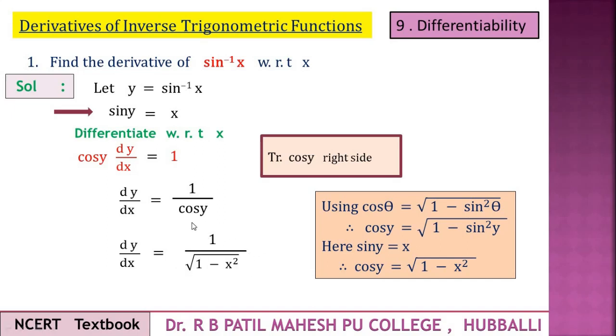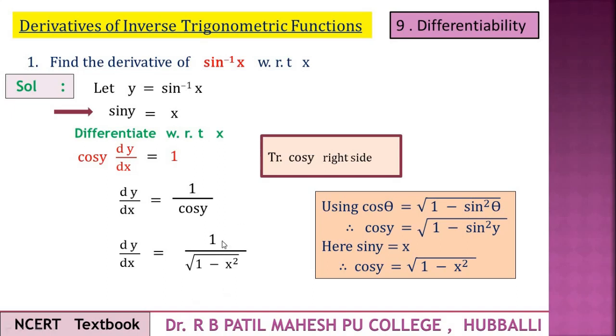This is the inverse trigonometric function derivative: d by dx of sine inverse x is 1 divided by root of 1 minus x square. What is this x? It is the variable of the inverse trigonometric function, and we take its square. So 1 divided by root of 1 minus x square.